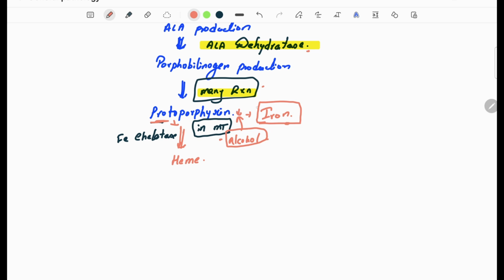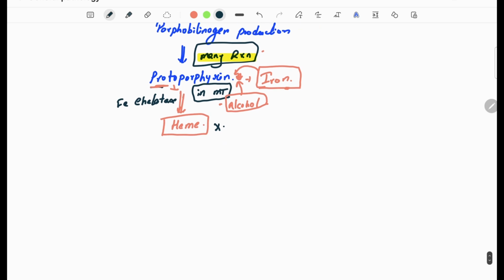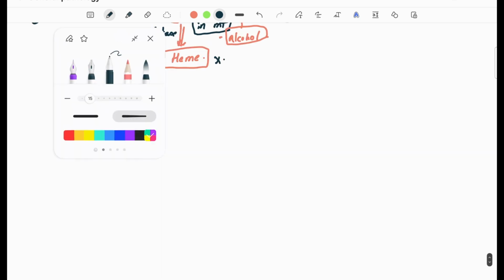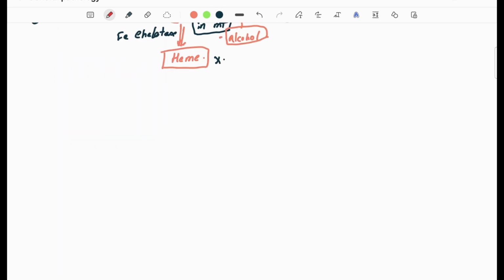Iron is there, but its friend protoporphyrin is absent, because of which we are unable to see the production of heme. So that is the point here. And vitamin B6 is also needed for hemoglobin synthesis. Now let's discuss some important points about the bone marrow aspiration.